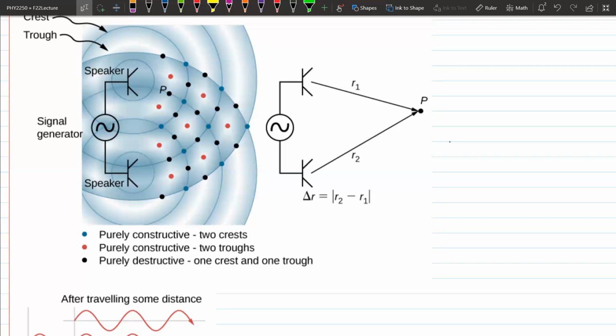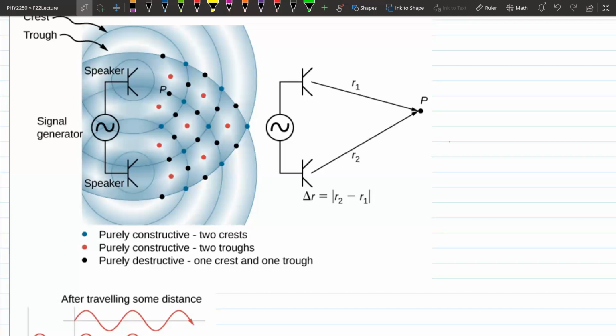And therefore, you get constructive interference at these blue points, okay? Where you get destructive interference are these black points, okay? The reason it's the black points, not the red, is because this is the crest from speaker 1, but this is giving you the trough from speaker 2, right?